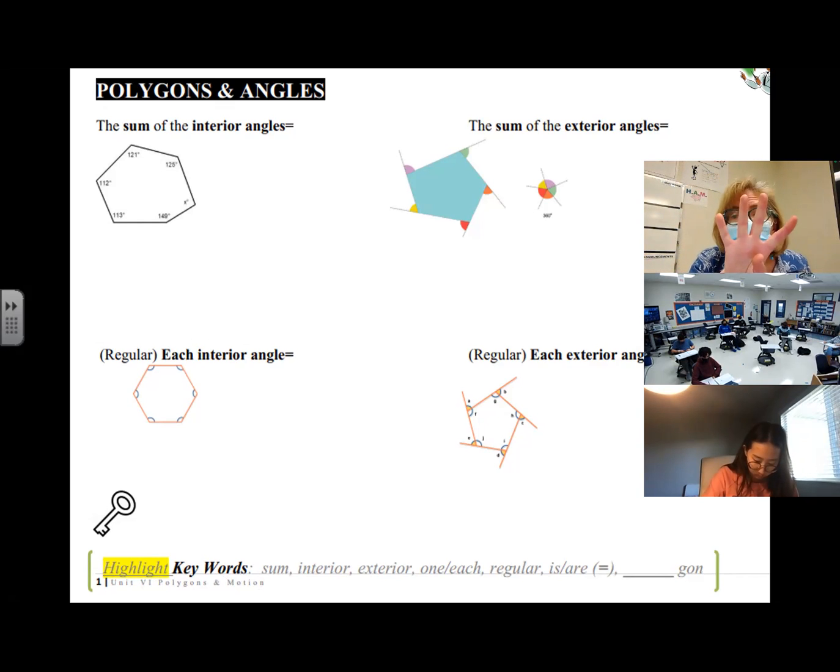Okay, there are 4 equations. You memorize these equations, you got it made. Hold up 4 fingers, folks. You're going to say it with me. Ready? Say sum interior. Say sum exterior. One interior. One exterior.